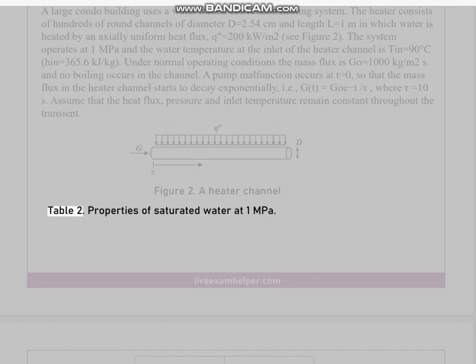Table 2. Properties of saturated water at 1 MPa.